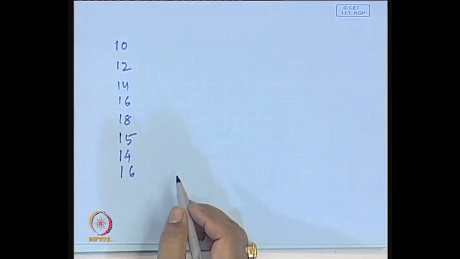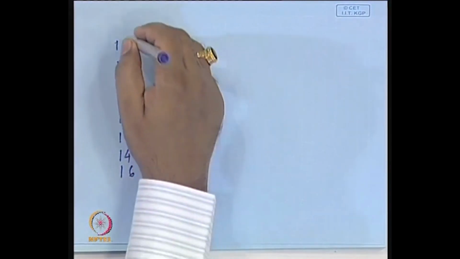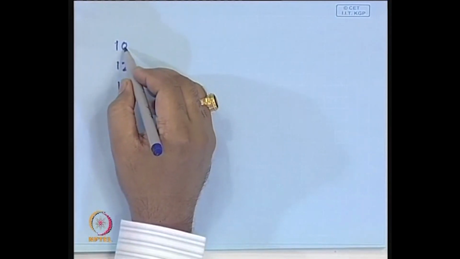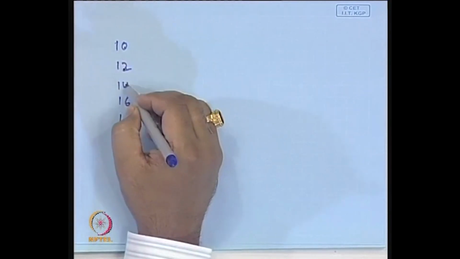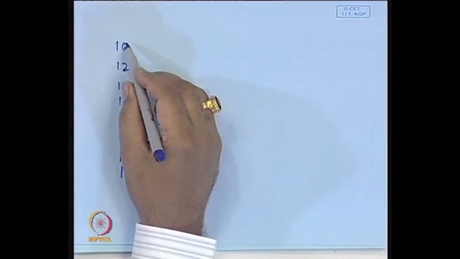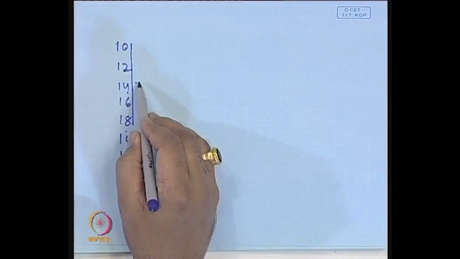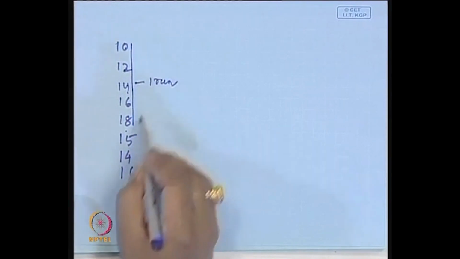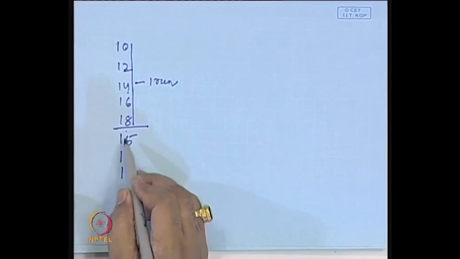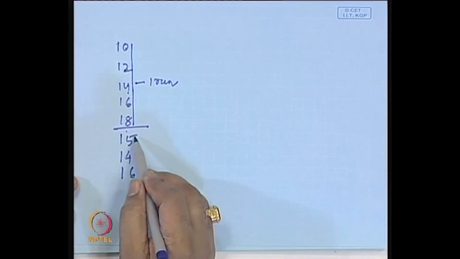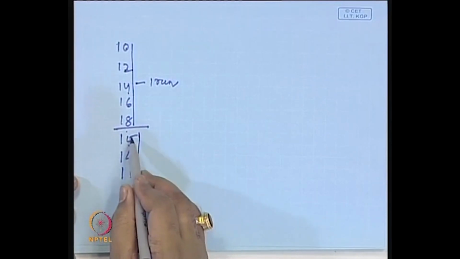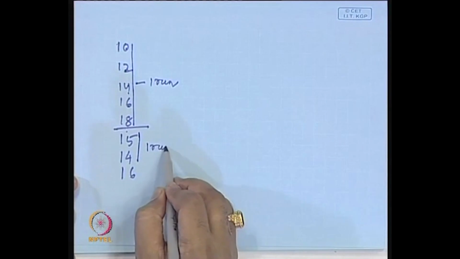Then what we generally say is, one run is while it is increasing, because you see it is increasing: 10 to 12, 12 to 14, 14 to 16, 16 to 18. So, once the increasing trend is going on, this is one run. Once the situation changes and the market goes down, for these two data points 15 and 14, this is another run.